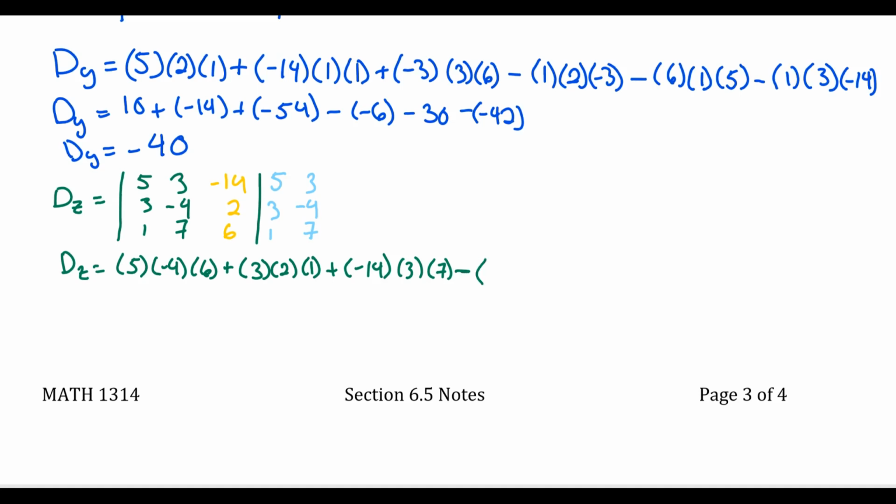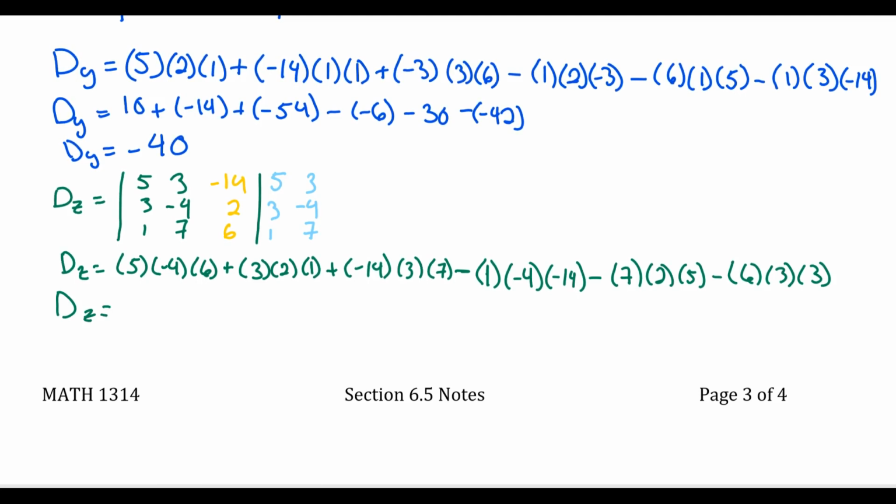Now I'm going to the backward diagonals. So minus 1 times -4 times a -14, minus a 7 times 2 times 5, minus a 6 times 3 times 3.